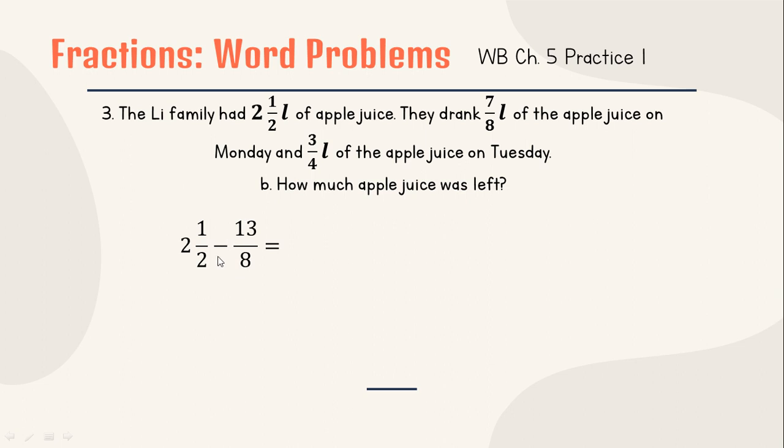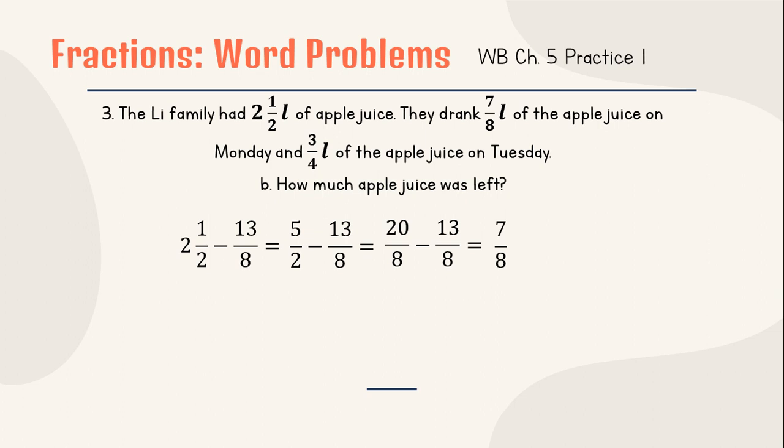So what we have to do, of course, is subtraction. Don't forget, in subtraction of fractions, you need to convert the mixed numbers into fractions. So this 2 and 1 per 2 becomes 5 per 2, minus 7 per 8. So that's it. It will be 7 per 8.